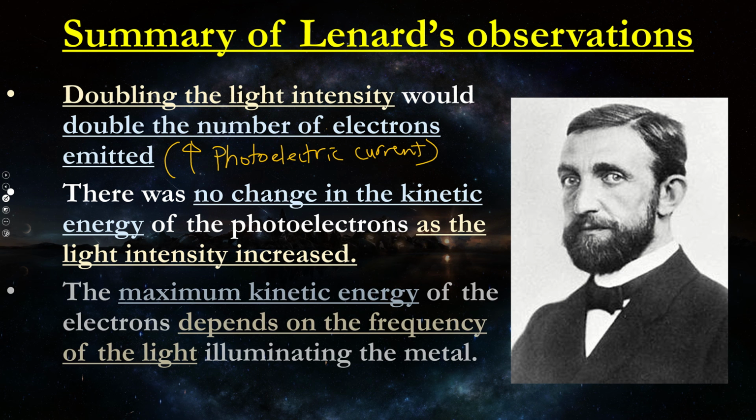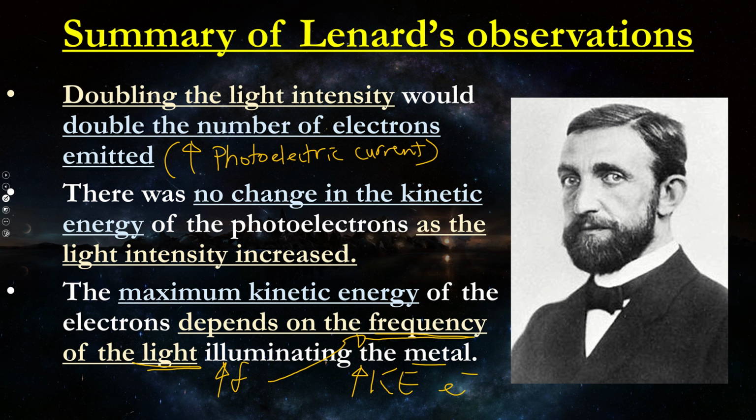The only way the kinetic energy of the electrons will be changed is if I change the frequency of the photons I use, and that is if I increase frequency, then I'm increasing the kinetic energy of the electrons coming out of the piece of metal.